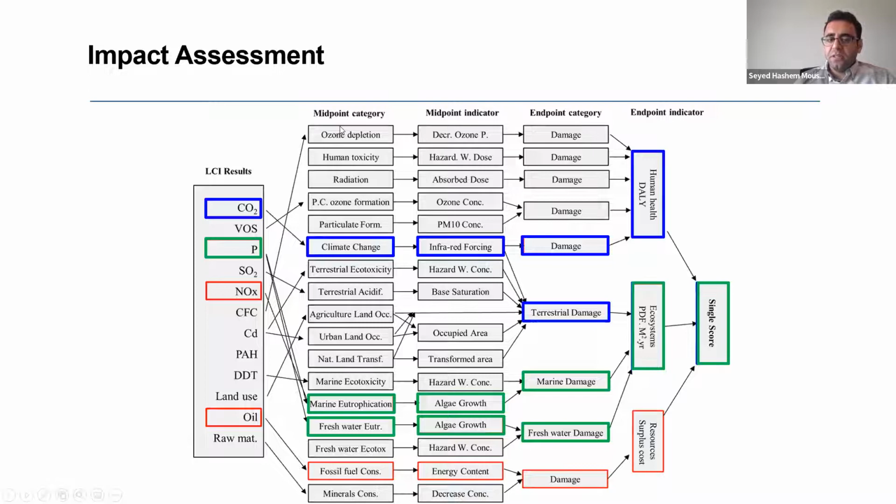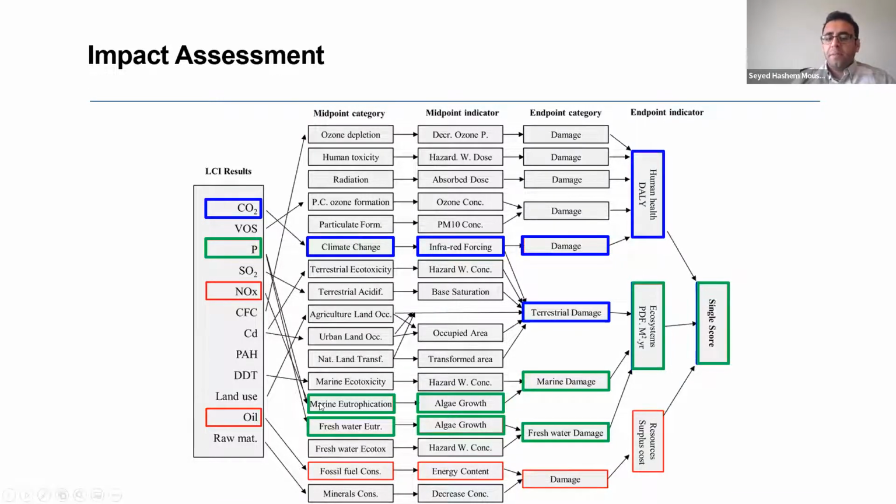What we are talking about is just, for example, carbon dioxide. Carbon dioxide is causing climate change, but in midpoint indicator it is causing infrared forcing and other damage to human health.